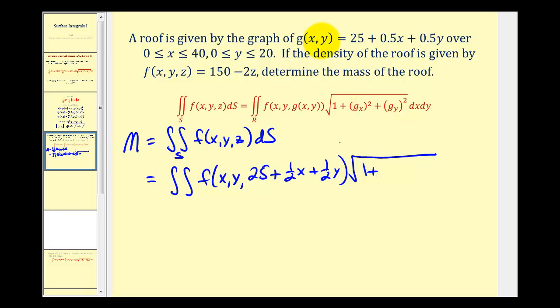And here's g, so the partial derivative with respect to x would be 1/2. So we're going to have 1/2 squared plus the partial derivative of g with respect to y squared. That'll be 1/2 squared as well.